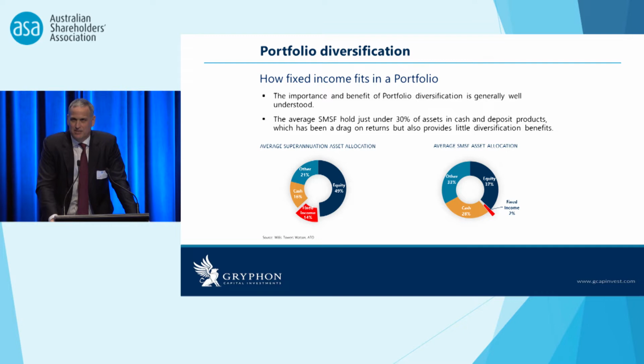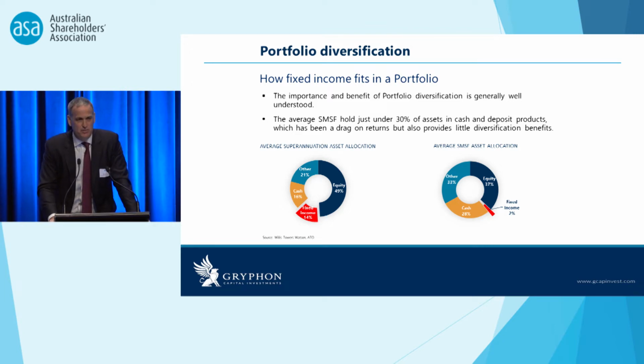What's glaring from these two pie charts is really the split between the two the market refers to as the more conservative levers within your asset allocation, be it cash and fixed income.